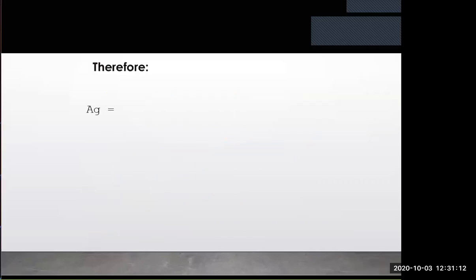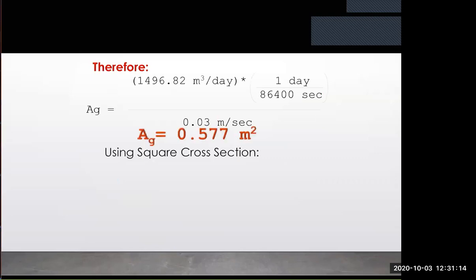Okay, so if we continue the solution here, sabi ko, substitute lang class, and then you get the area of your grit chamber as equal to 0.577 meters squared.